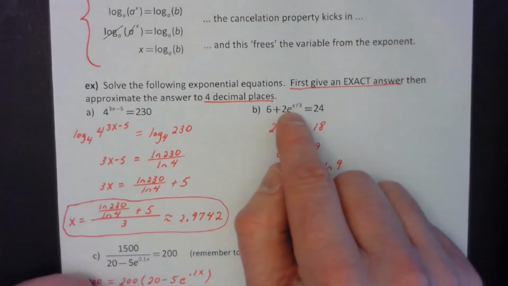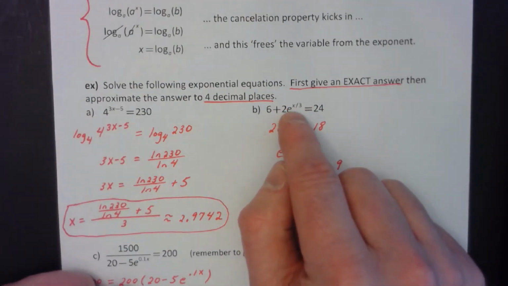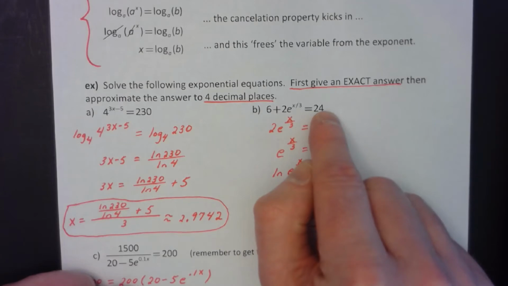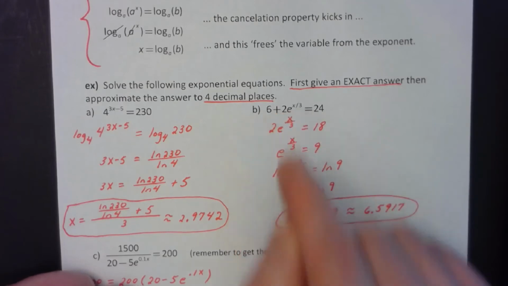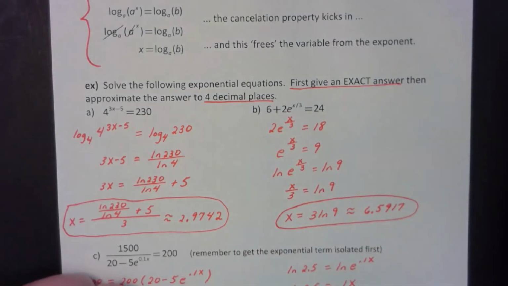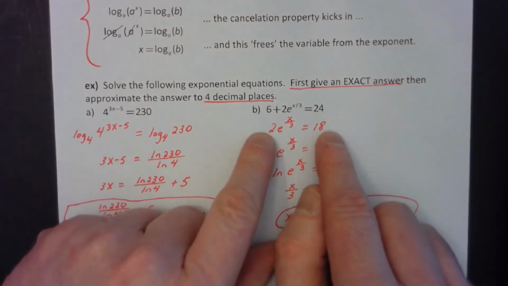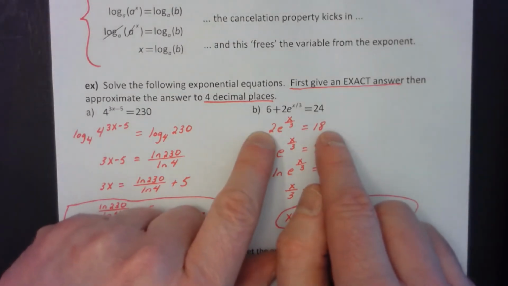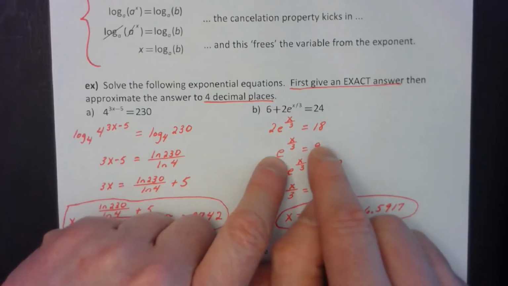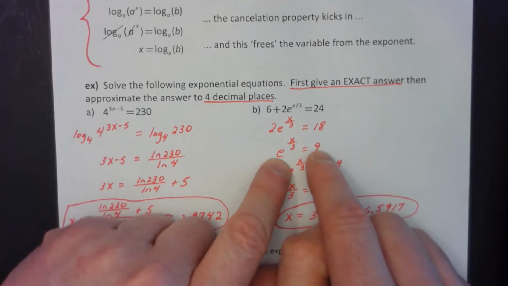So I have this exponential function over here. I first need to get it by itself. I'll subtract 6 on each side. So I get 2 times e to the x over 3 is equal to 24 minus 6, 18. Then the exponential function can be gotten by itself by dividing both sides by 2. That gives me 18 over 2, which is 9, equal to my exponential function.